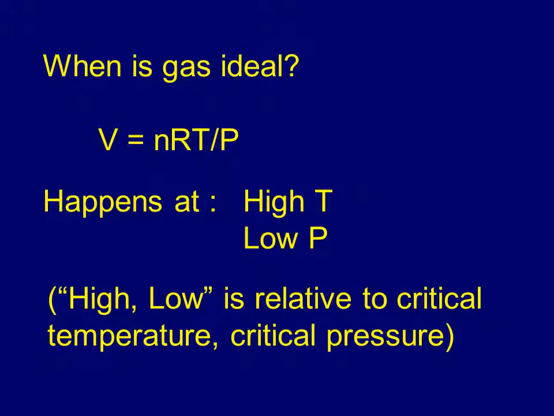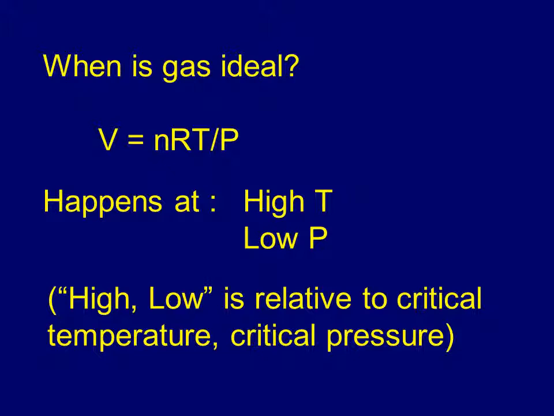Now what is high and what is low is a relative concept, relative to the critical temperature and the critical pressure of the gas. And we talked about critical temperature and critical pressure earlier. There's a theory that all gases behave in a similar manner when compared to their critical temperature and pressure.